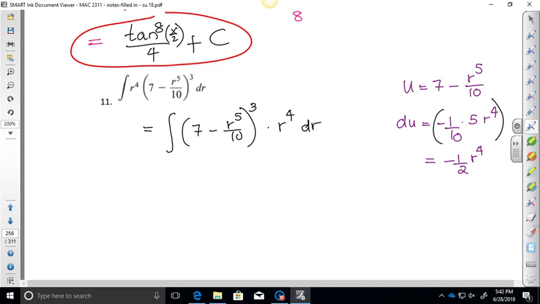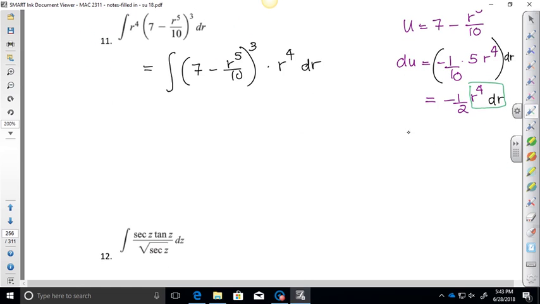Not dx, dr. Yes, dr. So negative 1/2 r to the 4 dr. But all we have in the integrand is just r to the 4 dr. So what do we do with that negative 1/2? Multiply by negative 2. Okay, so we have negative 2 du is r to the 4 dr.